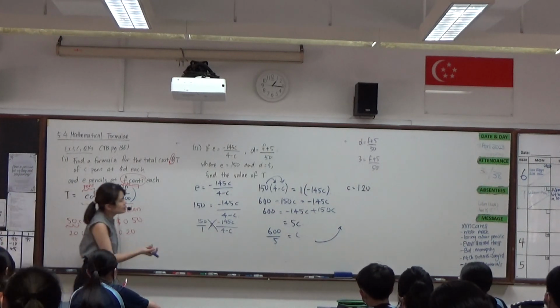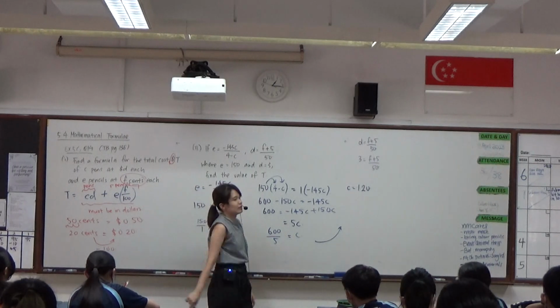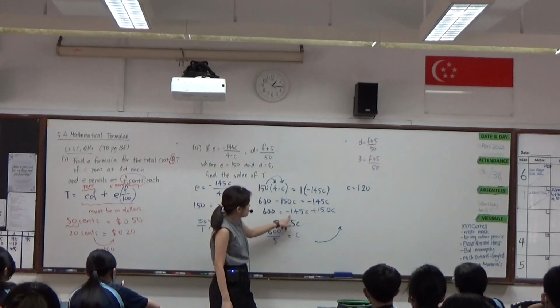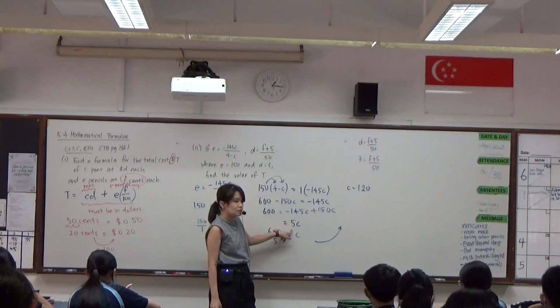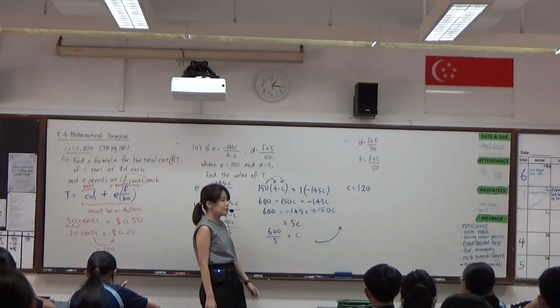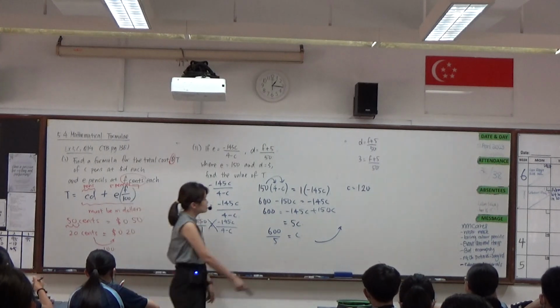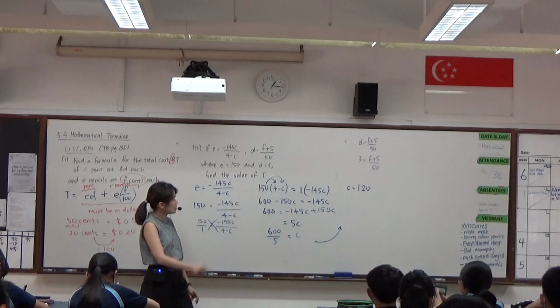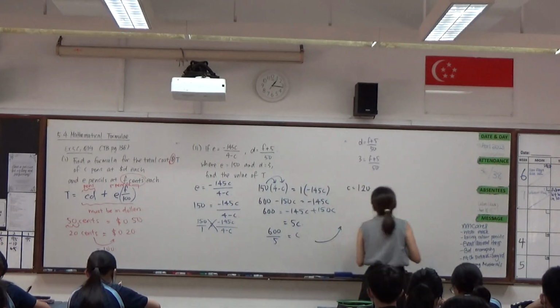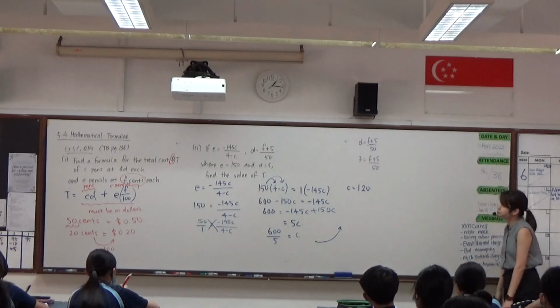Cannot. So if you tell me that C should be negative 120, I know immediately it cannot be possible. But negative 145 plus 150 is positive 5C, right? Correct? So 150 minus 145. You try using a calculator.